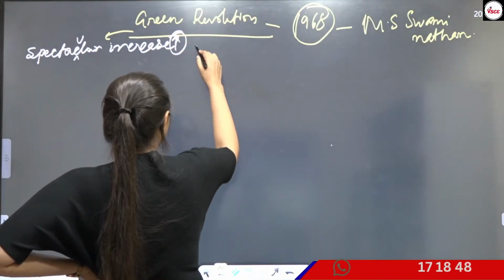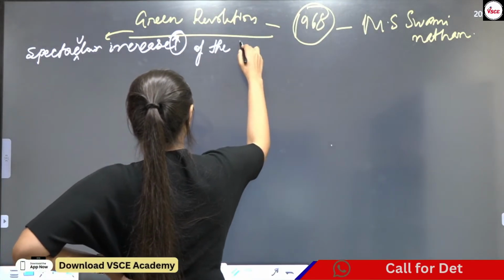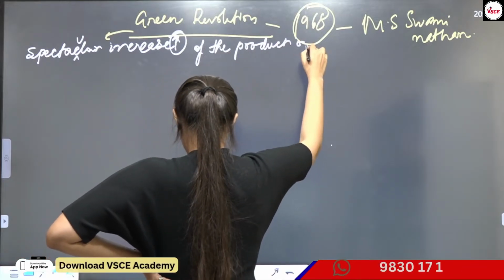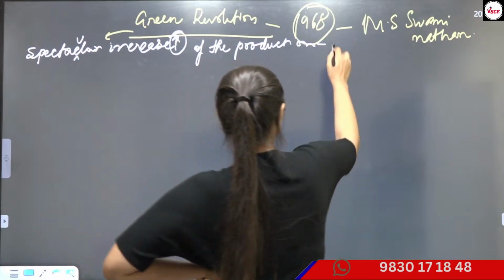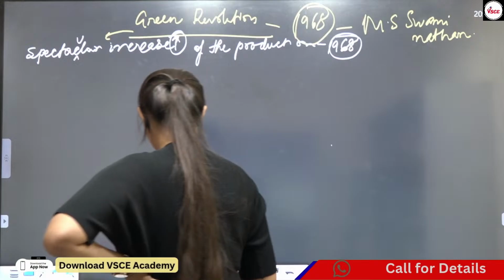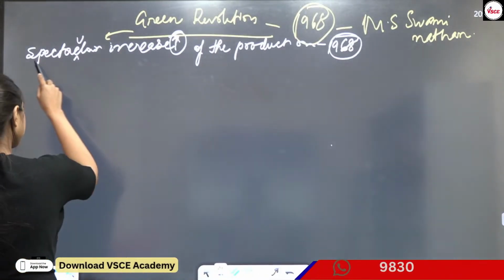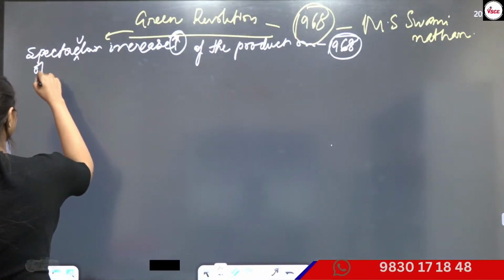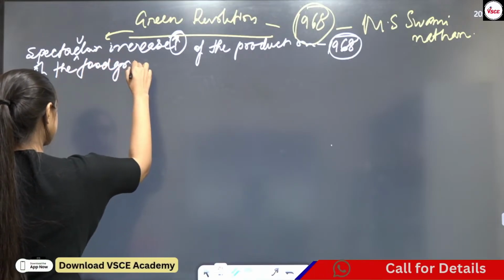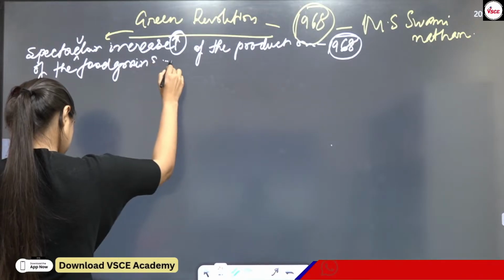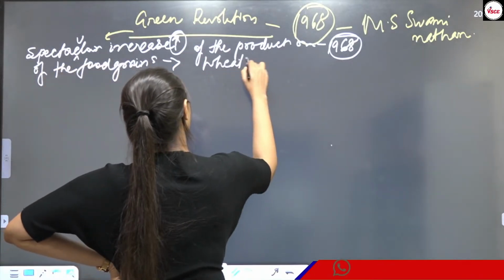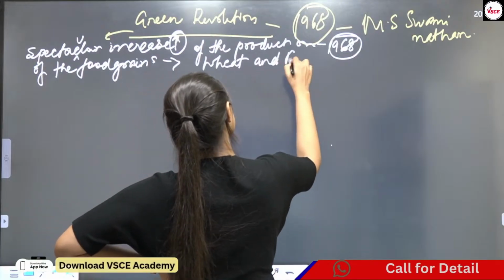Increase of the production of few crops in the year 1968, of the food grains. Majorly what? Wheat and rice.